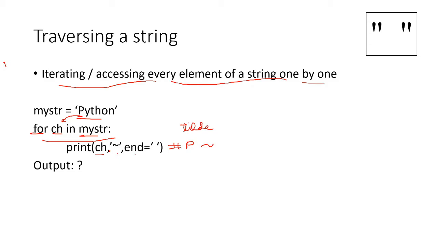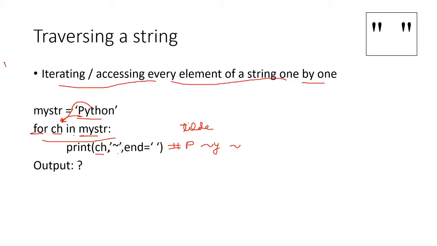Now this print statement is done executing. The for loop is going to be executed again. The next character from myStr, that is y, is going to be stored in the ch variable, and again this print function is going to work, and you're going to get y, then again a space, and then the tilde symbol.